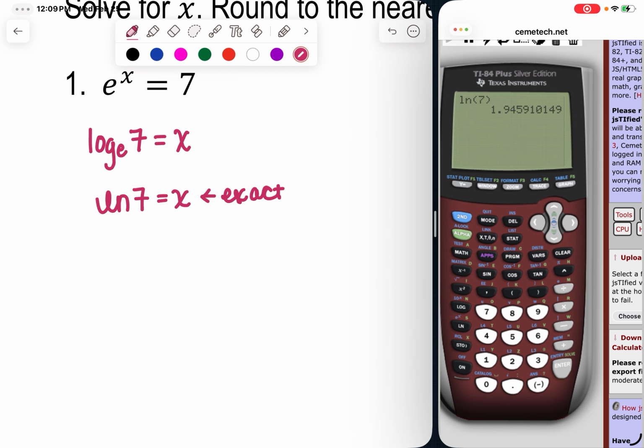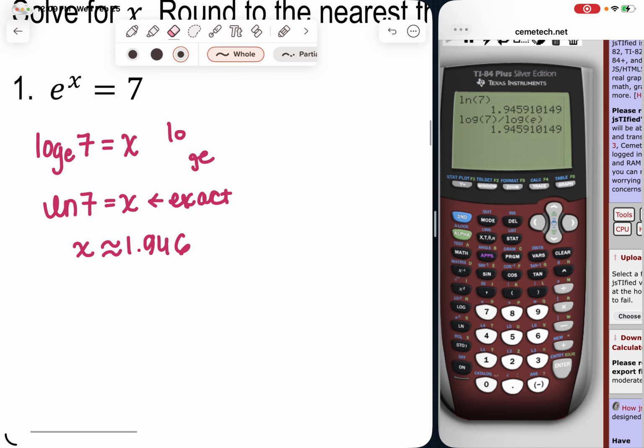And we get x is approximately 1.946. Now, if I would have done log base e of 7, I don't have a log base e, so I would have to do log 7 divided by log e in my calculator. And if I did log 7 divided by log e, notice you get the exact same answer, okay?